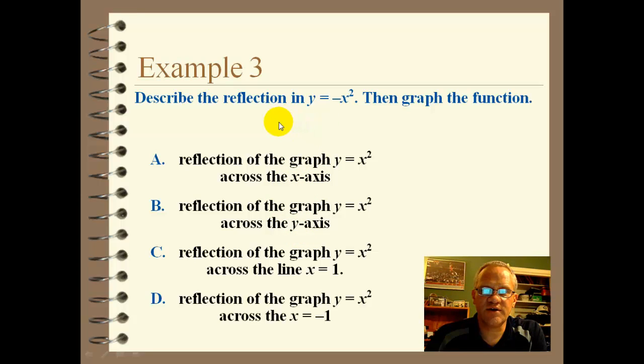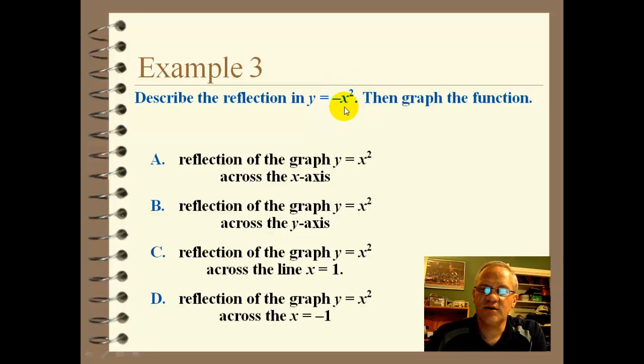Well, remember what I said a couple of slides ago. For this to reflect across the y-axis, this negative x would have to be in parentheses and then raised to the second power, because that would be just the x being negative. But in this case, and it's a little tricky, this is really like -1 times x squared.